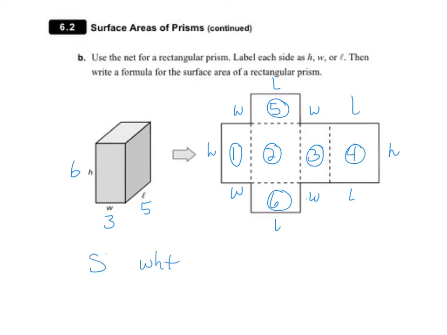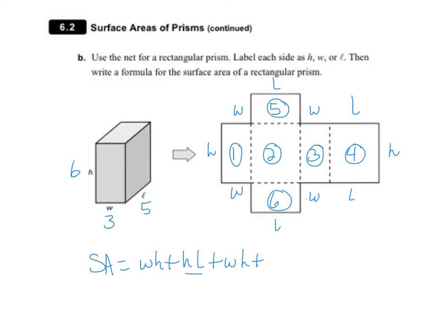our surface area is going to equal width times height plus our number 2 box is height on the end times length plus number 3 box is width times height again, plus our number 4 box is length times height, or height times length.